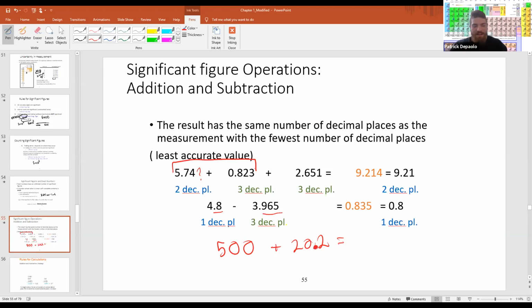But yeah, 500. The reason why is sig figs. There's no decimal place in the 500. The most accurate place of 500 is the hundreds place. The most accurate place of 20.2 is here. Add those numbers together, and in the calculator you get 520.2.